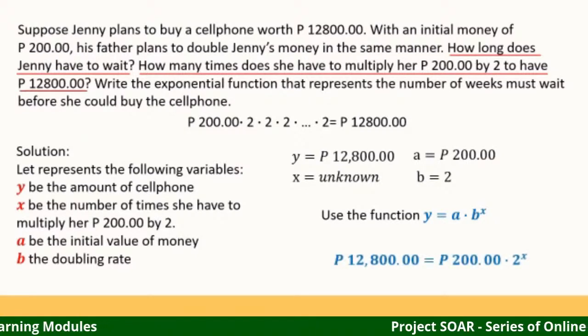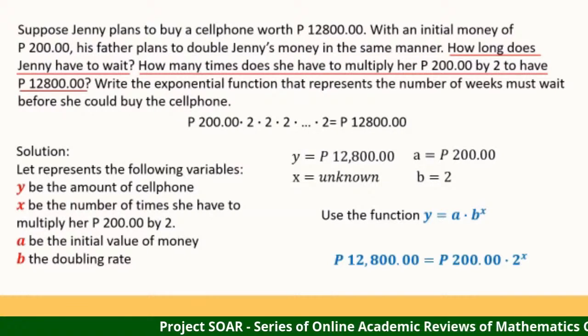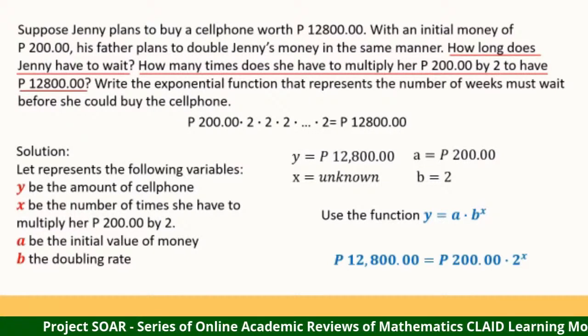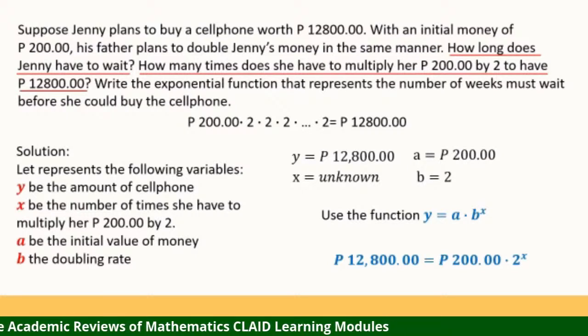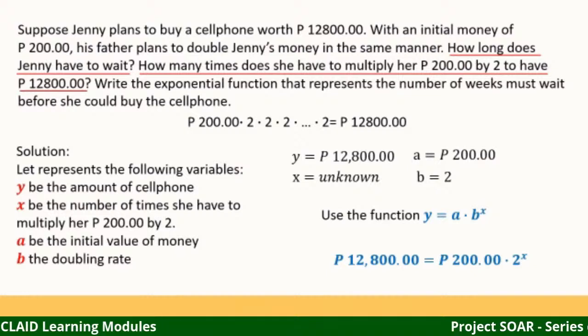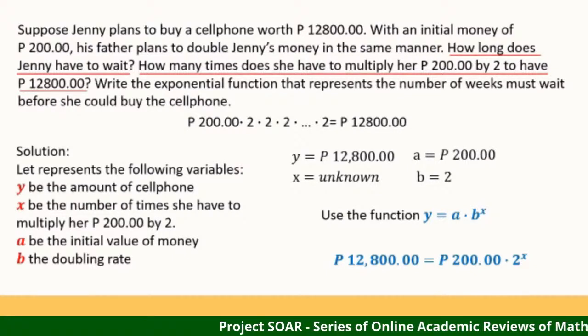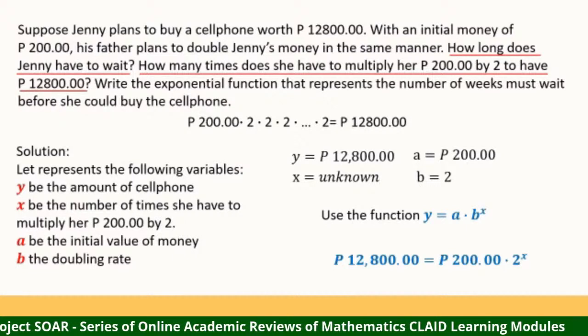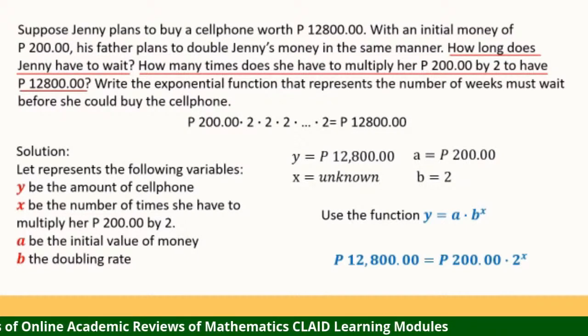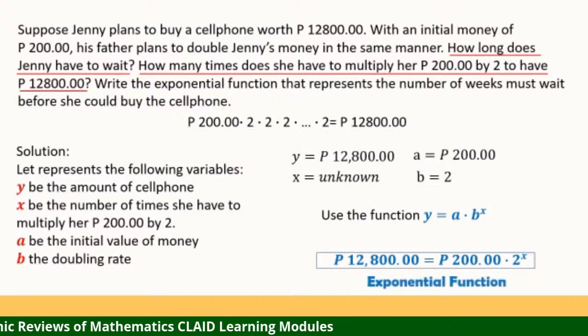Okay, so we have 12,800 pesos is equal to 200 pesos times 2 raised to x. As you can see, this is an example of an exponential equation. Why? Because we use equal to represent it as the equation. It is also an exponential function.